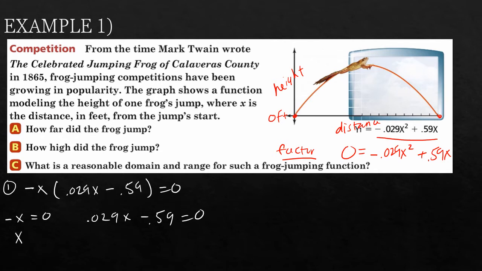This one's pretty easy. x has to equal 0. This one, I'm going to use two-step operations, and I'm going to add, and then I'm going to divide. So I add 5.9 hundredths, and then I'm going to divide by 29 thousandths. Okay, and that's going to give me x equals.